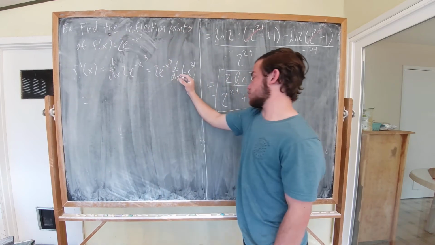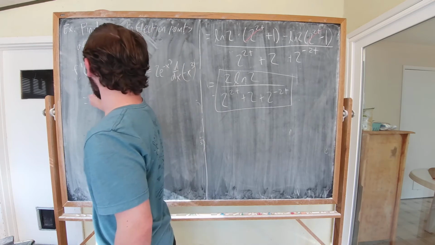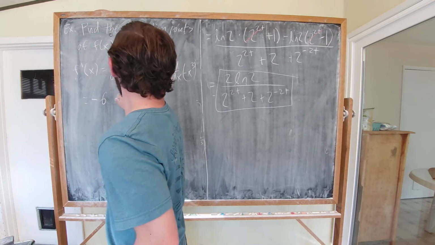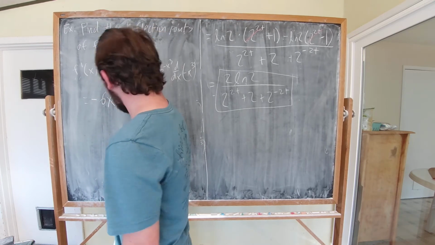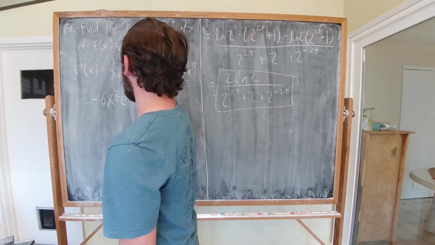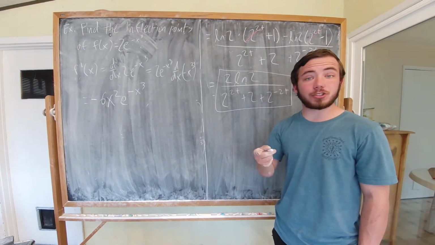Derivative of negative x cubed is negative 3x squared. So we'll be left with negative 6x squared e to the negative x cubed. Alright, that's our first derivative.